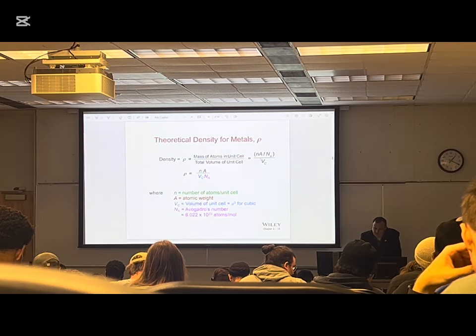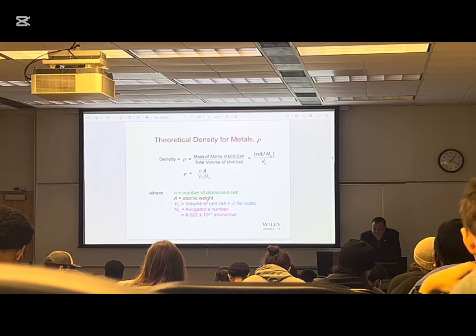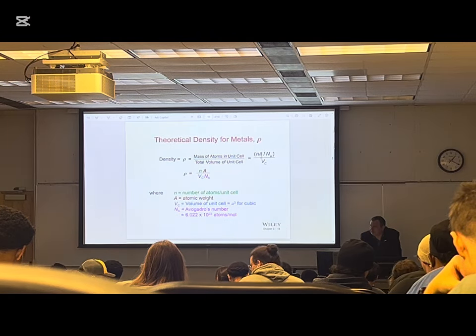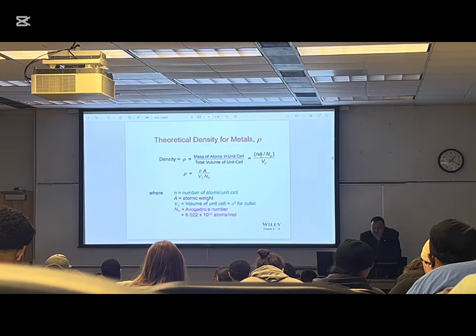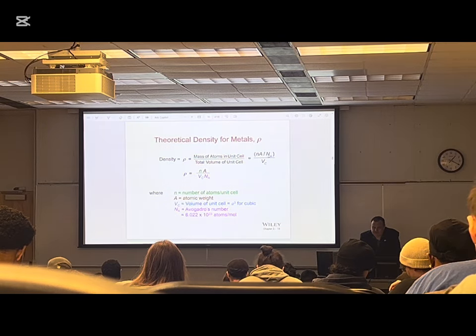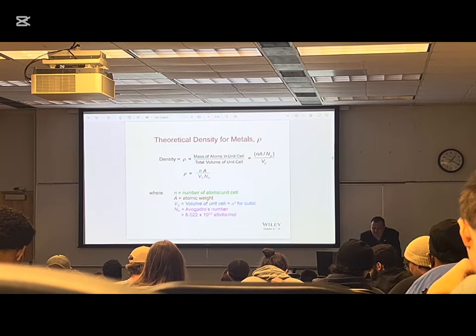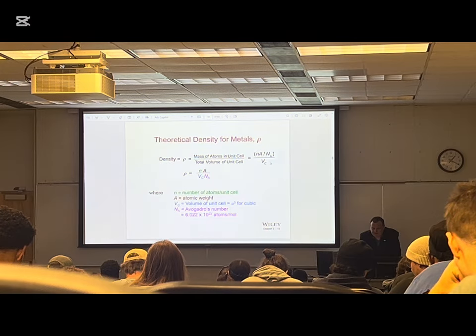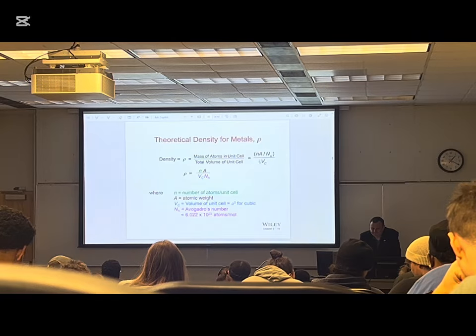We have the number of atoms per unit cell times the atomic weight, right? And the atomic weight we get from the periodic table, divided by the Avogadro's number, which is the number of atoms per mole, divided by the volume of the unit cell.